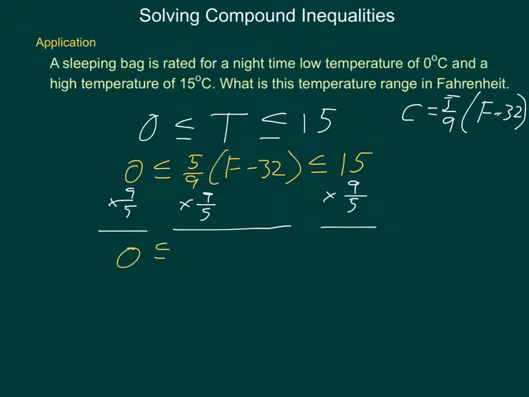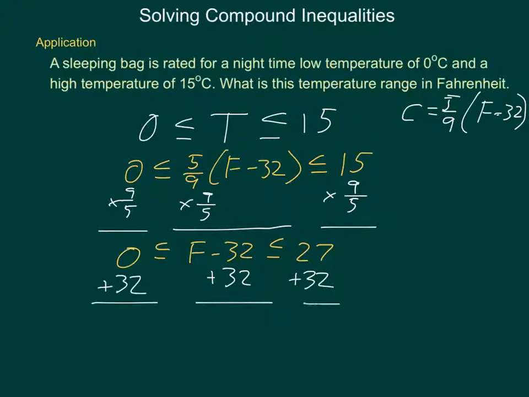It's less than or equal to F minus 32, which is less than or equal to 27. Now I'm going to add 32 to all pieces, and we come to find out that the sleeping bag has a Fahrenheit temperature range from 32 degrees Fahrenheit all the way up to 59 degrees Fahrenheit.